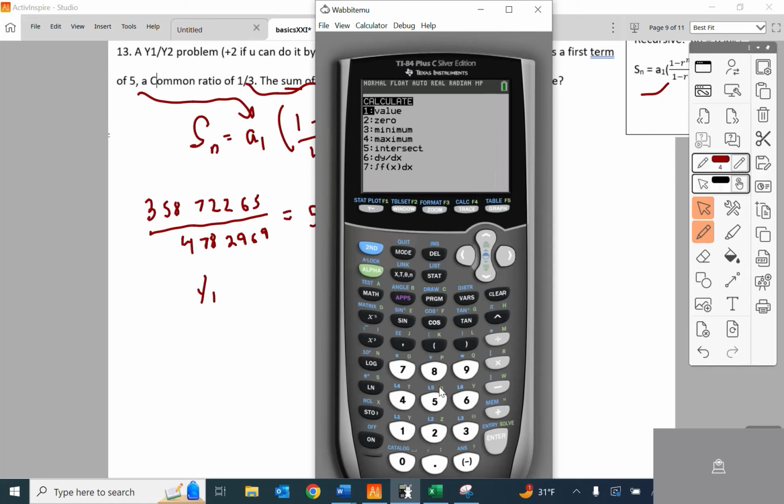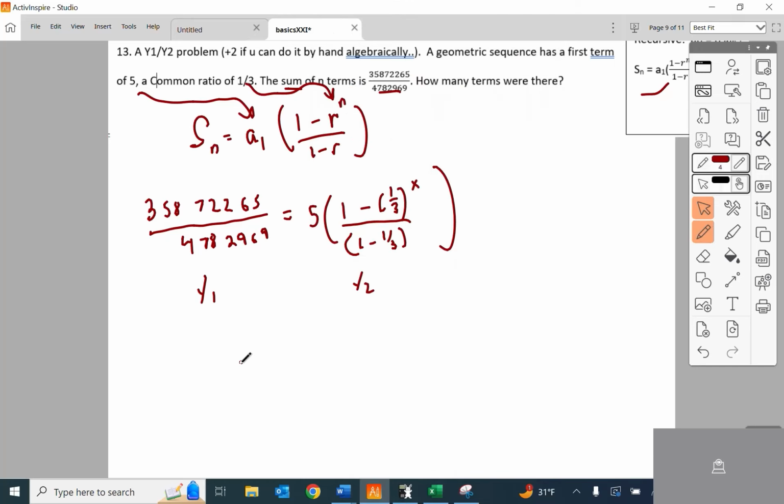Second trace 5. Enter, enter, enter. So I did have adjusted. See that 14.9999999? That's a rounding error by a calculator. It goes on forever. This is 15. That is a rounding error.